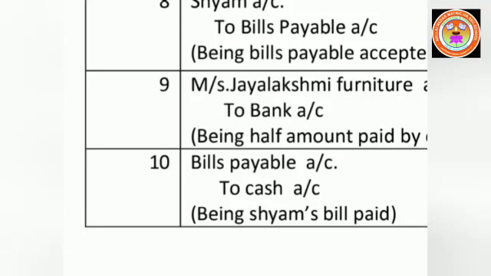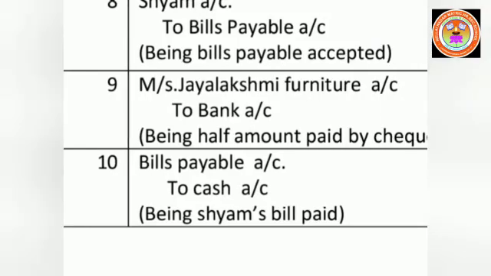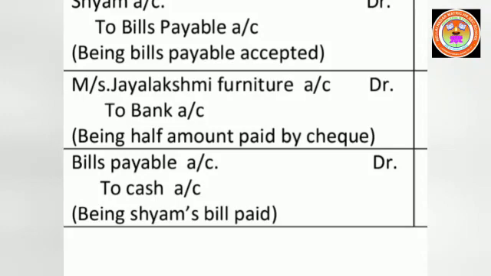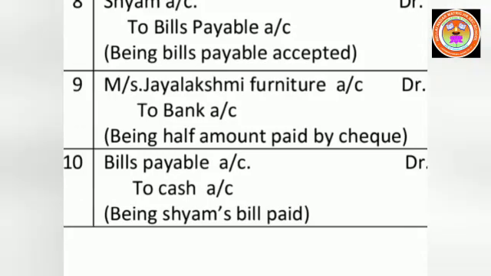Journal entry, put date under date column, bills payable account. Now we are paying cash for that. We, meaning Ramesh, are paying cash for bills payable, so bills payable account must be debited. Here we are using debit all expenses and losses.